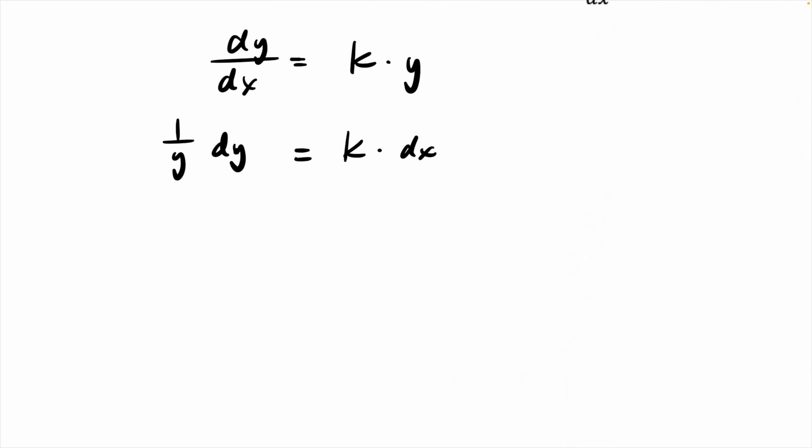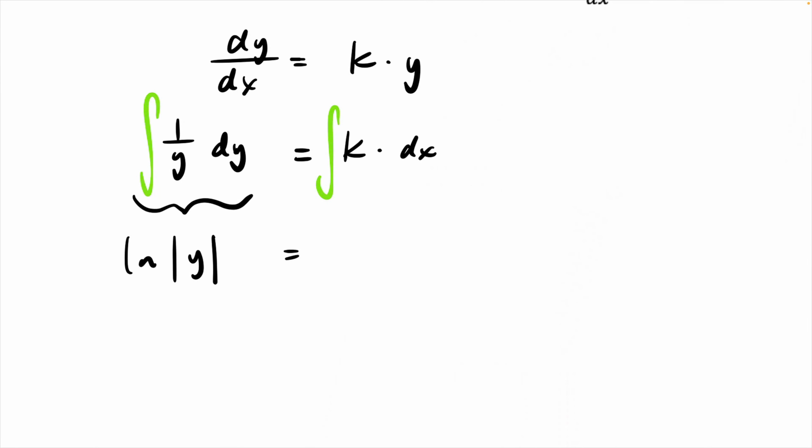Second step, antiderivative. What is the antiderivative of 1 over y? Natural log of y. I'm going to put it in absolute value bars because it always has to be positive.